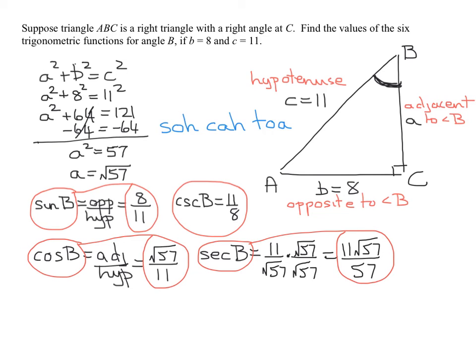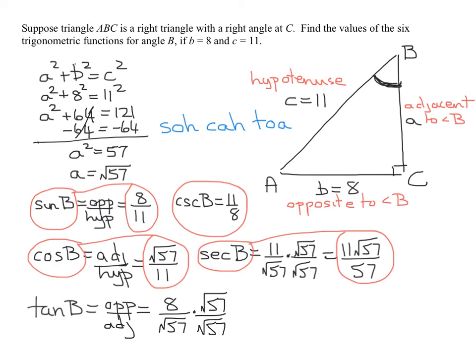And the last ones I need to find are the tangent of angle B, which, looking at our mnemonic, is opposite over adjacent. My opposite side is 8. My adjacent is a, which is the square root of 57. And if I want to rationalize the denominator on that one, I'm going to get 8 square root of 57 over 57.